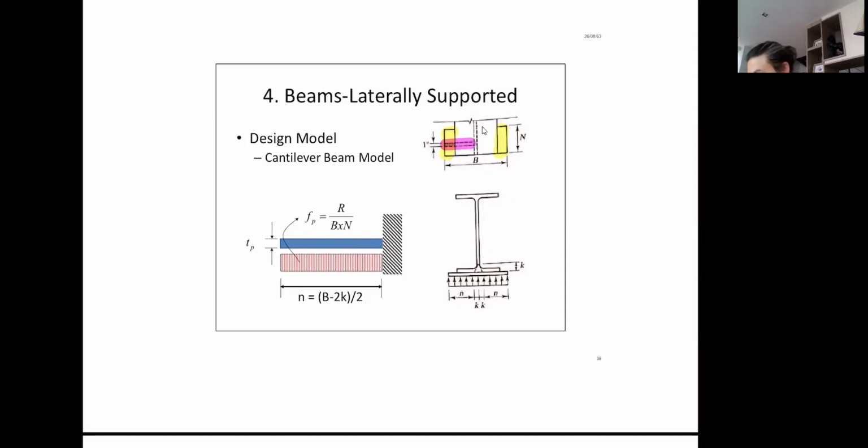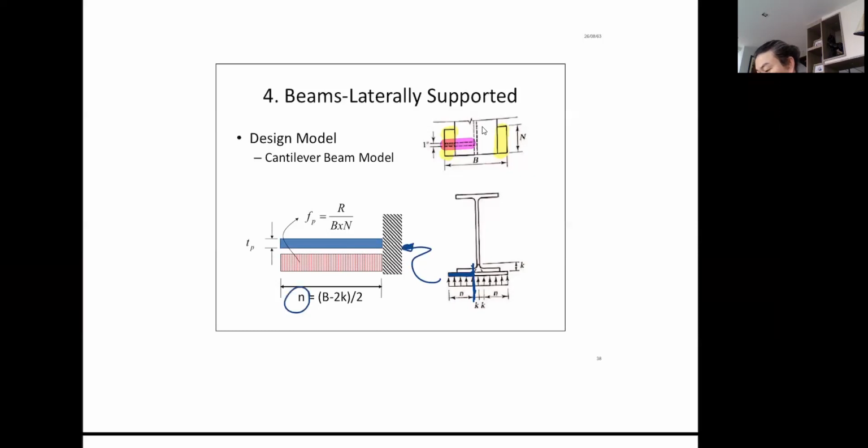Because this area, you see, is a very rigid area, because we have the connection of the web with the flange, and we also have the fillet. So we will consider this as a cantilever beam. See this blue one beginning at this distance end. It becomes this design model.